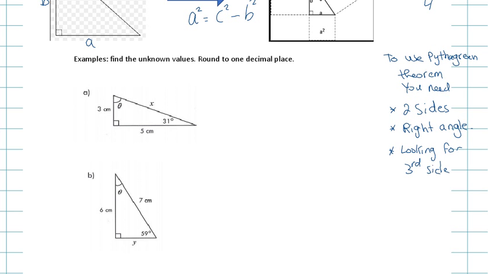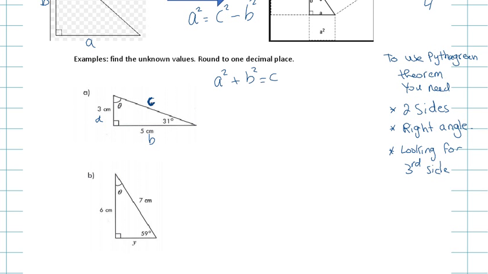If you call this B and this A, it's going to give you exactly the same thing. The important one that you can't change is the hypotenuse. This is always C. They're calling it X here, it's fine. But this is always C. This can't be C, and this can't be C. So the formula says A squared plus B squared equals C squared.